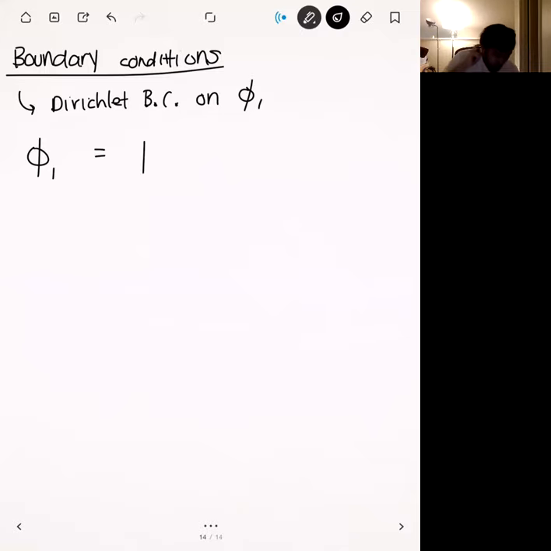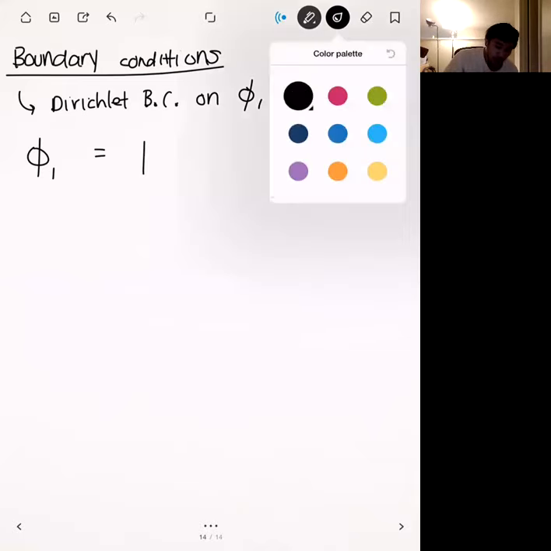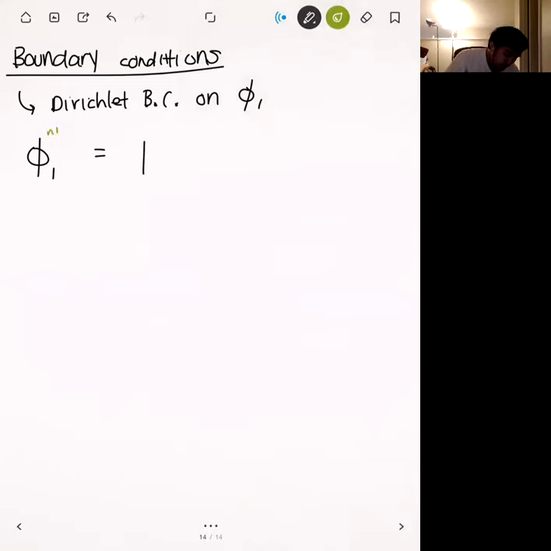To turn this into a time evolution equation, all we have to do is say that phi 1 at n plus 1 is equal to 1. Super easy.